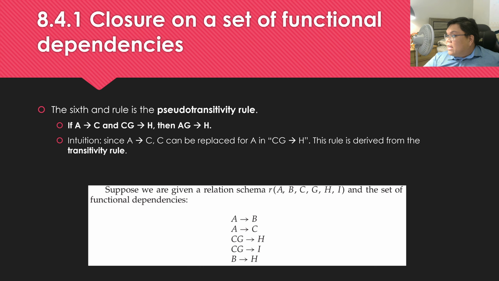The last one is called the pseudo-transitivity rule. If A determines C and CG determines H, if A determines C, then we can replace the C in the left-hand side of CG determines H with A, so we get AG determines H. This is from the transitivity rule, so it's called the pseudo-transitivity rule.